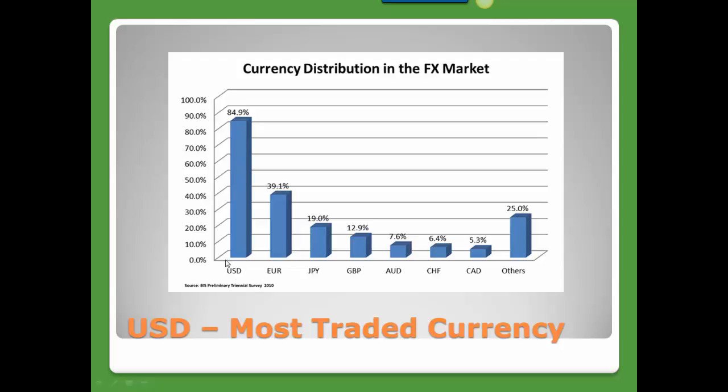And then next, after that, you have Euro with 40%, and then Japanese Yen and British Pound, and so forth. And everything else combined is 25%. That's why when you're trading US dollar against another currency, it is cheaper or more cost effective to do so.